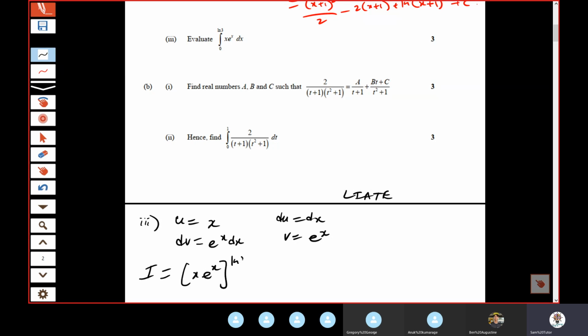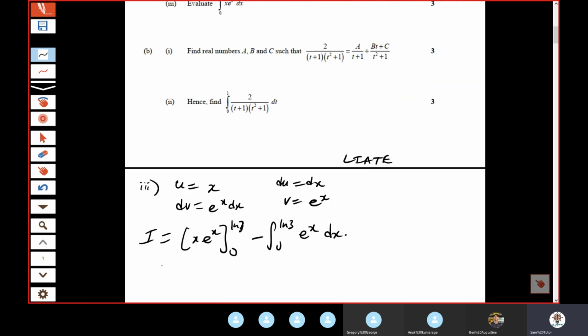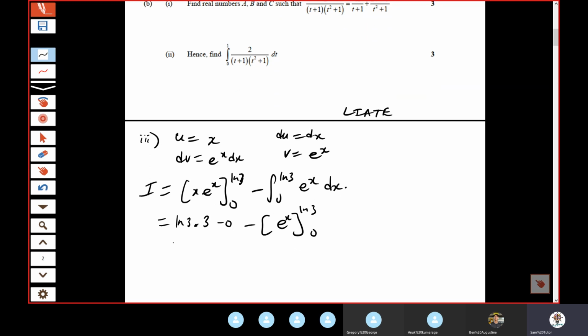And then obviously your answer, your I, is this times this, x times e^x. Because it's got limits, you put the limits in, log 3 and 0. Minus, you still have to integrate e^x again. And obviously your final answer is log 3 times e^(log 3), which is times by 3, and then minus 0, which is nothing, minus, and then again, e^x from 0 to log 3. 3 log 3, minus, open big brackets, e^(log 3), plug it into your calculator, should give you 3, minus e^0, should give you 1.